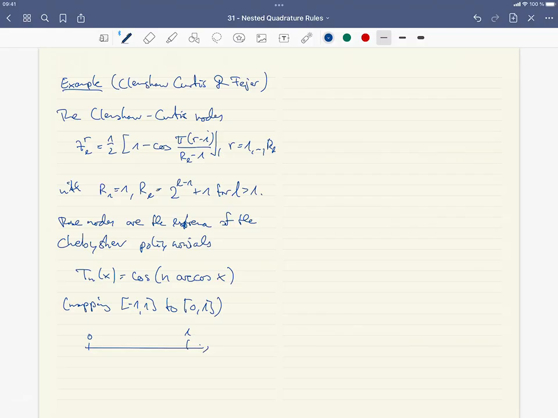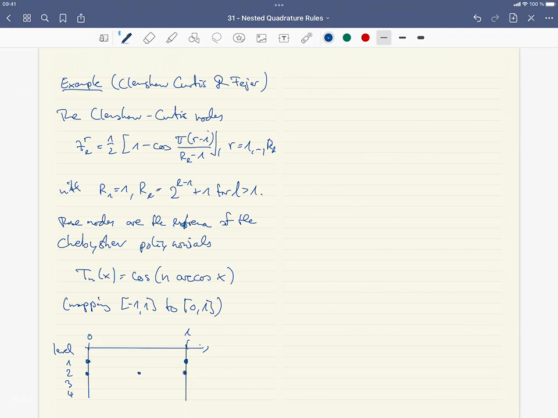So if I look at these nodes, roughly how they look on the interval 0, 1, similar to Gauss points, they accumulate at the boundary. In level 1, I again have both points on the side. Then level 2 is also easy.